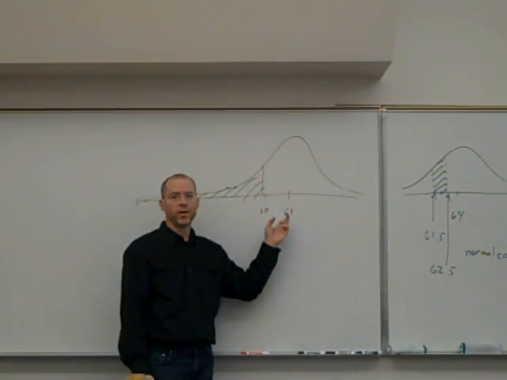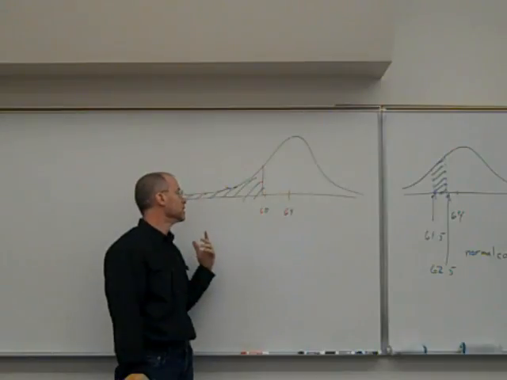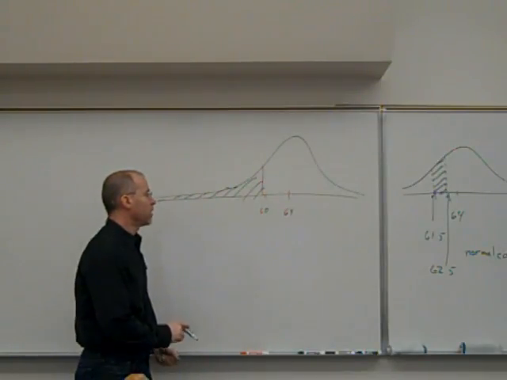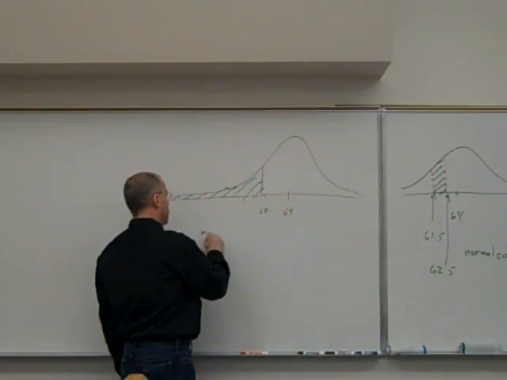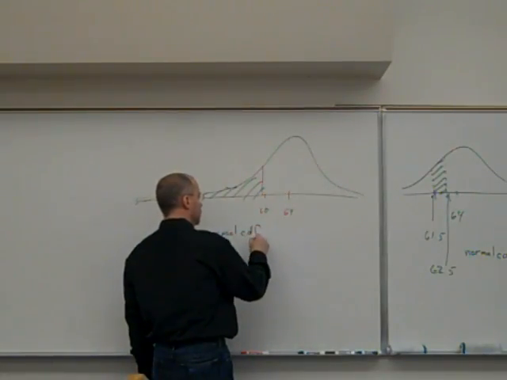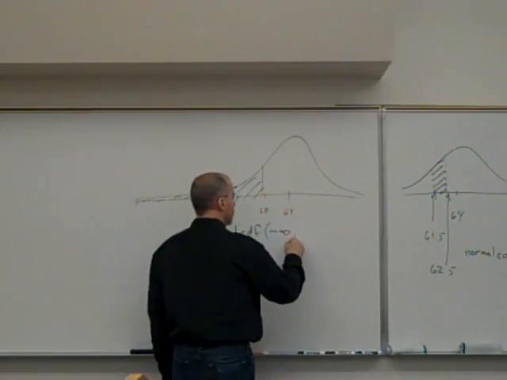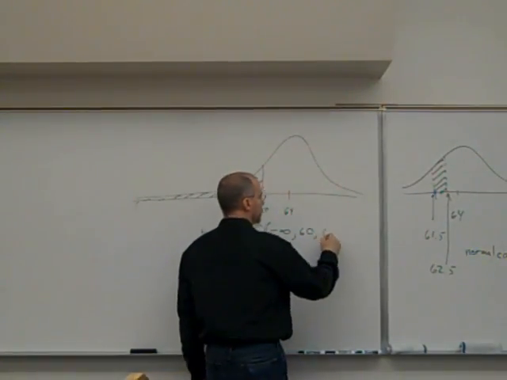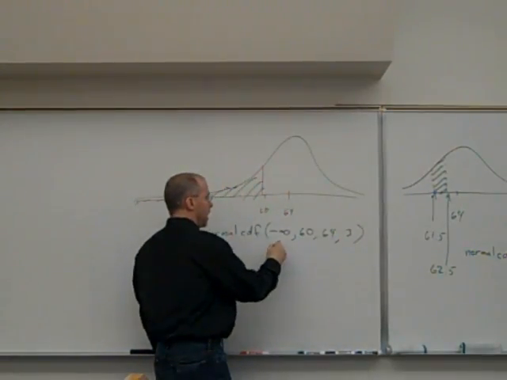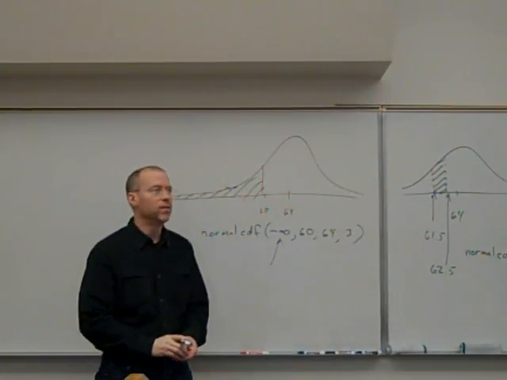That would be 64 inches plus or minus 9 inches in this case. So this gets very, very thin. But in effect, you're asking the calculator, how do you find me the area, cumulative distribution function, between negative infinity and 60 for a distribution with a mean of 64 and a standard deviation of 3. And the problem is, how do you enter negative infinity?